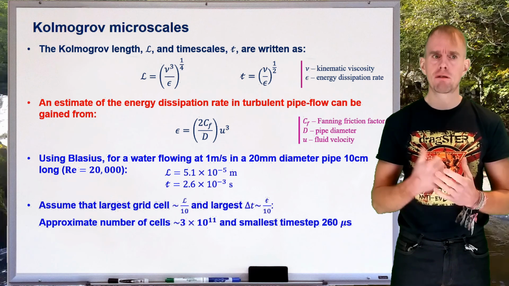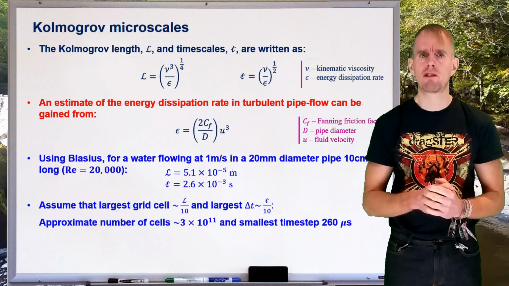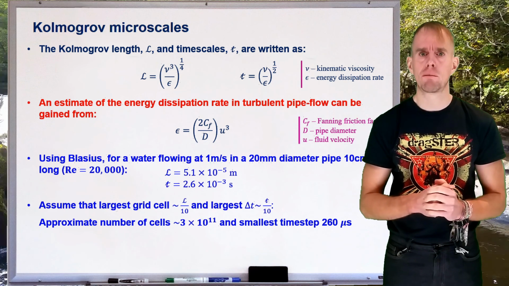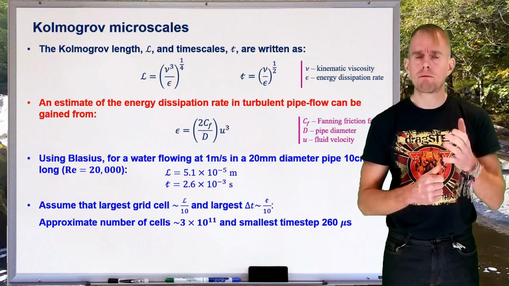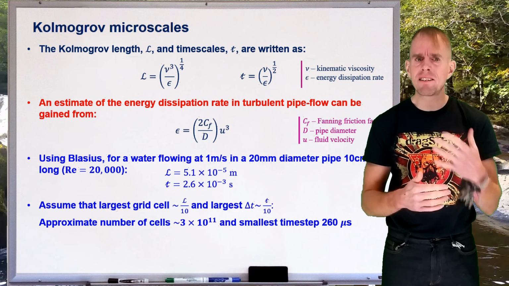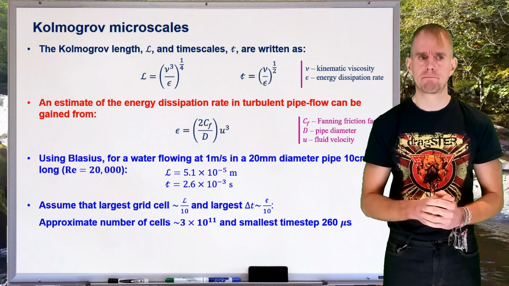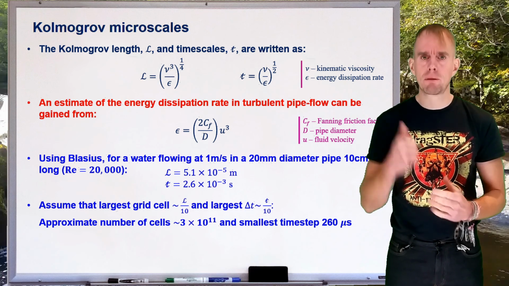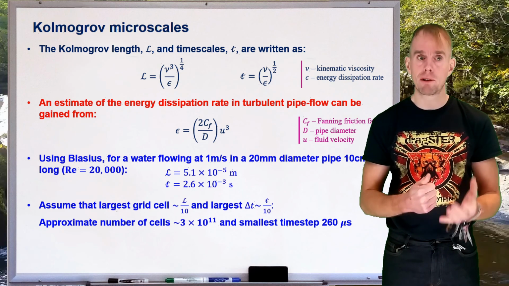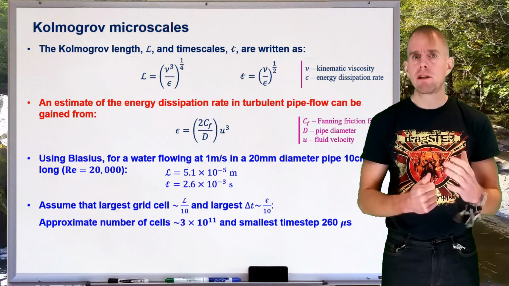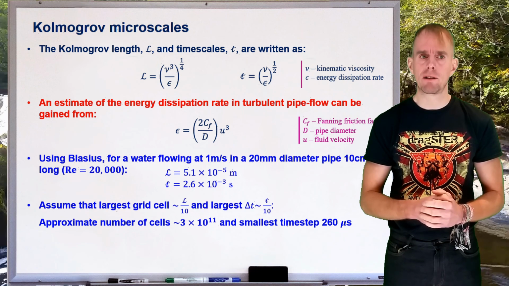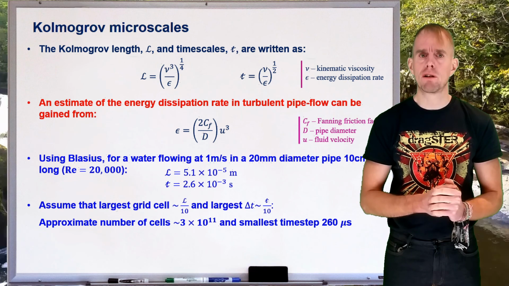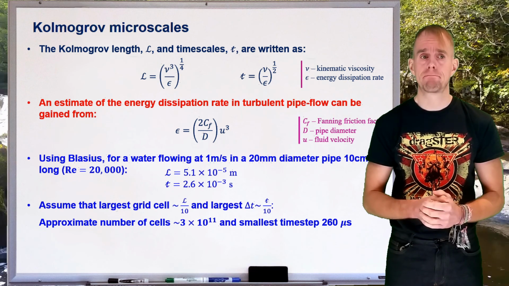So let's make a very crude assumption that the largest grid cell that we want in our simulation is roughly 10% of the Kolmogorov microscale, and roughly the largest time scale is going to be about 1/10 of the Kolmogorov time scale. When we work this through, that means for this rather simple engineering geometry, a turbulent flow in a pipe, we need about 3 times 10 to the 11 finite volume cells, and we need to time step our Navier Stokes equations at about 260 microseconds per step.